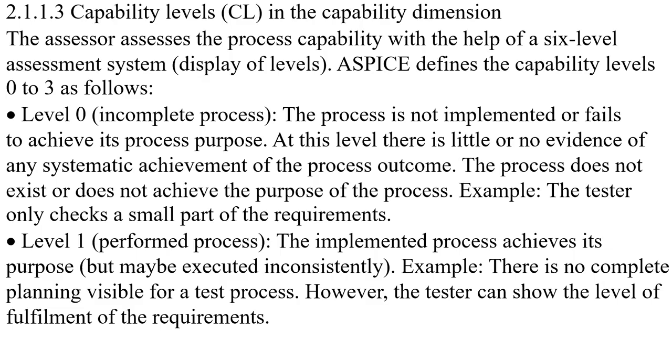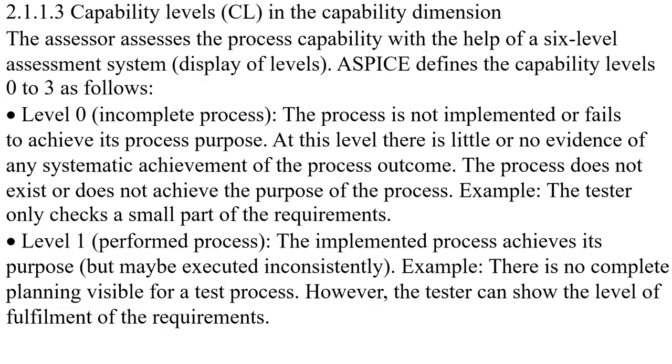The process is not implemented or fails to achieve its process purpose. At this level, there is little or no evidence of any systematic achievement of the process outcome. Example: the tester only checks a small part of the requirements.